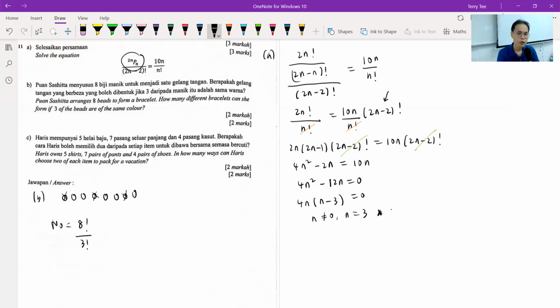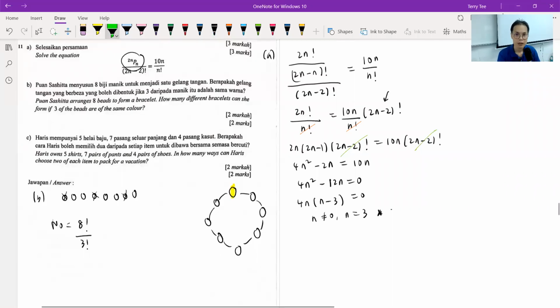But when you arrange them in a circular manner, 1, 2, 3, 4, 5, 6, 7, 8, the thing you need to understand about circular arrangement is that they will have the same position in terms of what is on the left and right-hand side. For example, I put a yellow here.